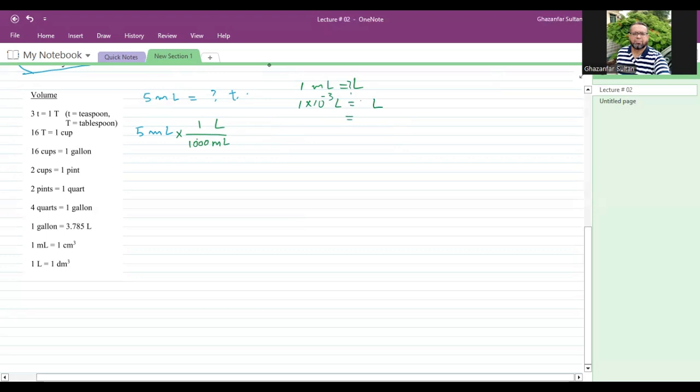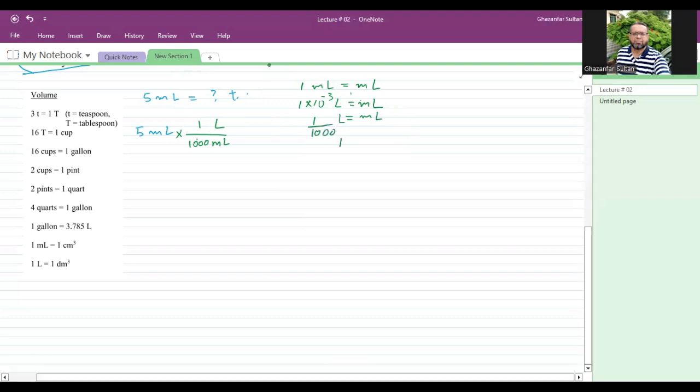So 10 raised to minus 3 liter is equal to, we should write here ml as well. Okay. So 10 raised to minus 3 liter is equal to how many liter? So you can write here 10 raised to power 3 minus 3 means 1 upon 1000 liter.